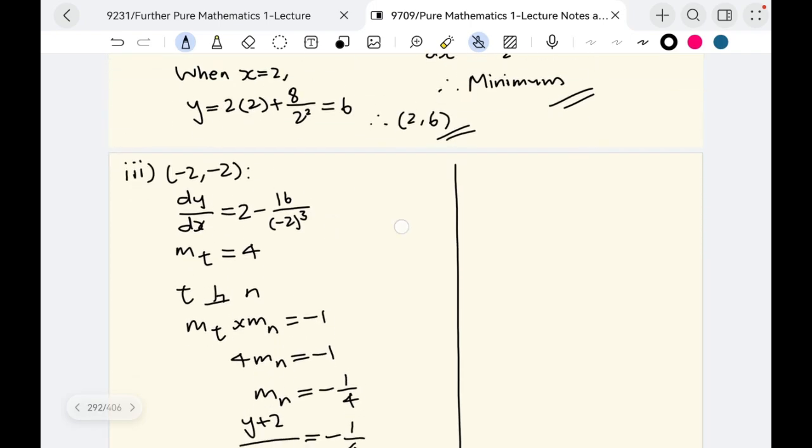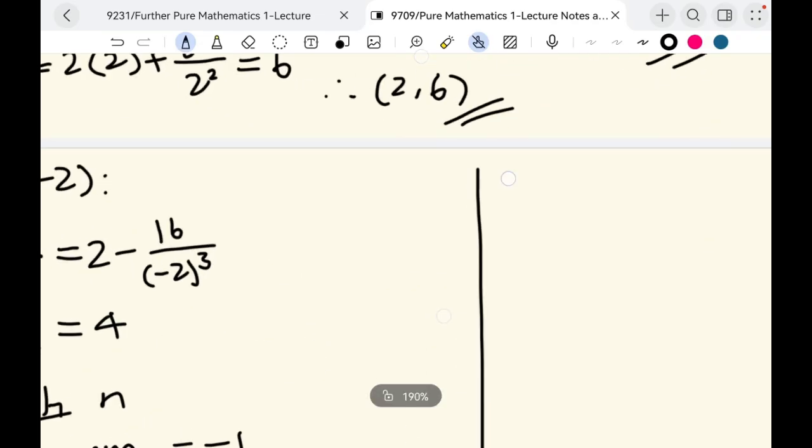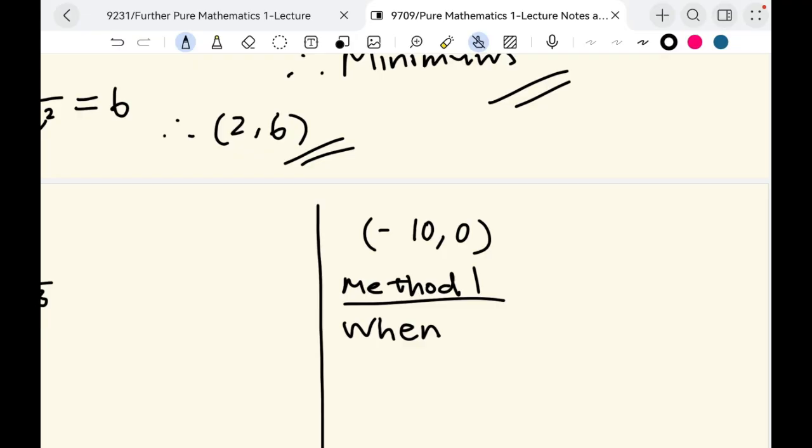So you have two methods to solve for the proof. Given the coordinate is 10, 0. Okay, the first method is let y equal to 0 to solve for x.